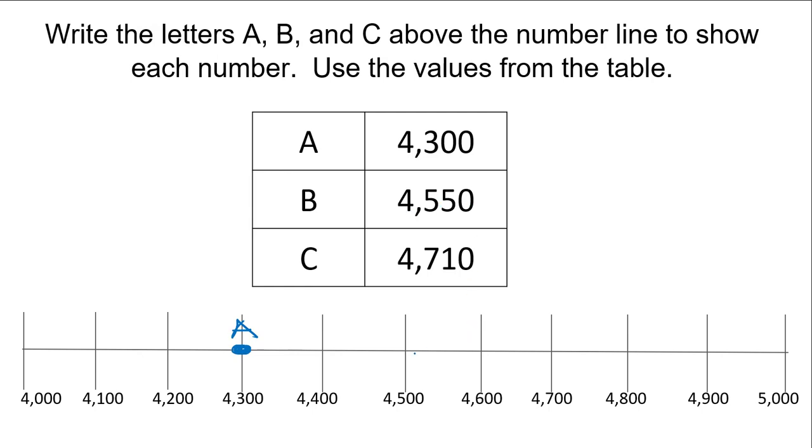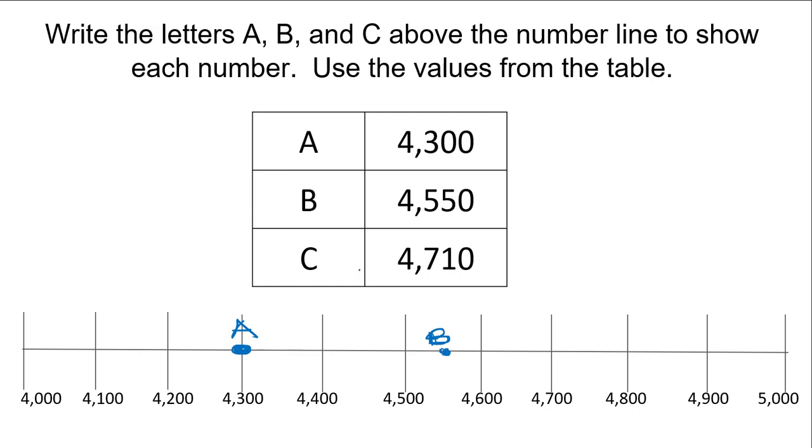Where would that be? 4,500's right here. 4,600's here. So halfway between 4,500 and 4,600 would be 4,550. Let me just write the letter. Letter B.